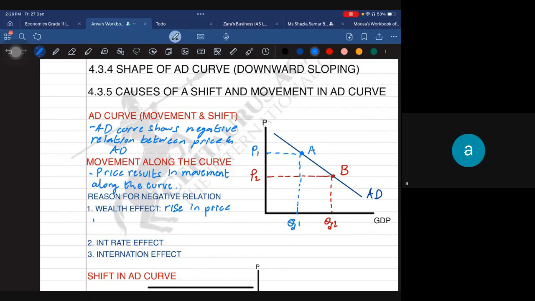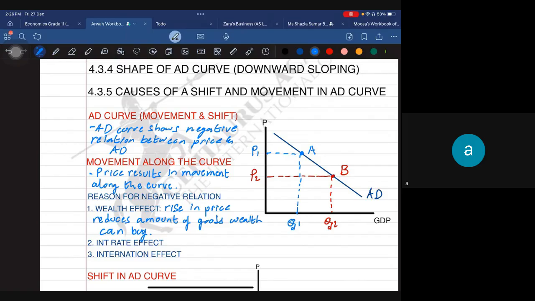It also depends on how much wealth you have, but whatever the amount of wealth, the rise in prices is going to reduce your buying, no? Yes, it's going to reduce. Or you will need more wealth to buy the goods.